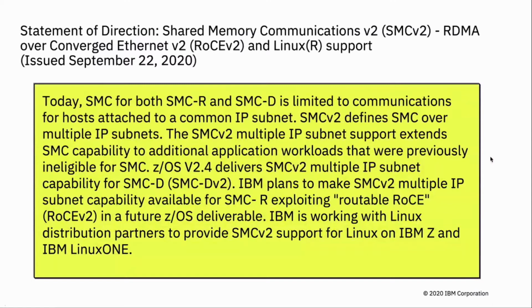This is a little bit of that information in terms of how and why we're doing that in 2 steps, and we'll have more information coming in the future. That's our intent for exploiting SMC-R for routable ROCE. You'll also see in this SOD that it's also our intent to work with our Linux distribution partners to update the Linux support to exploit SMC version 2 as well.